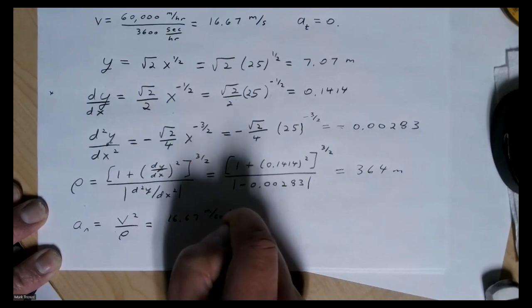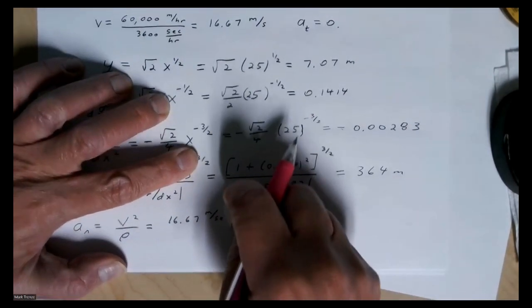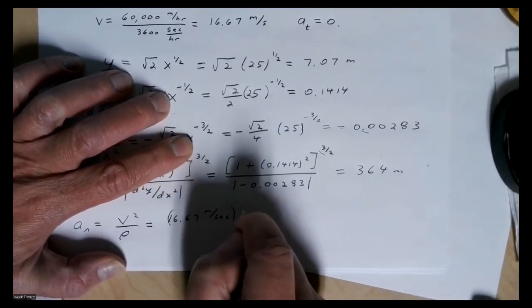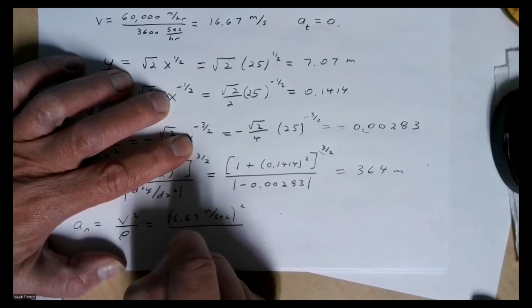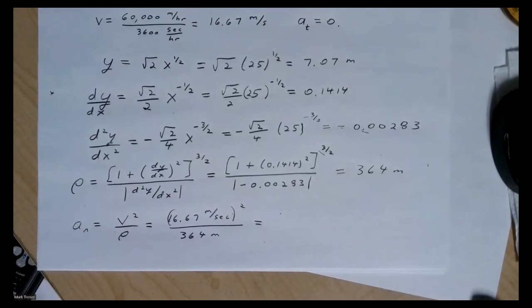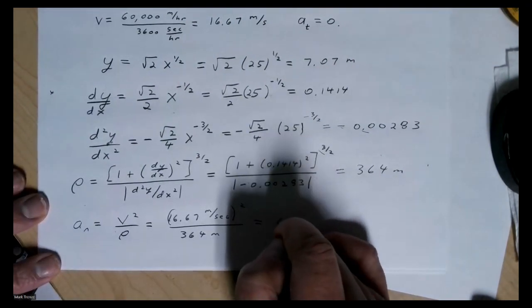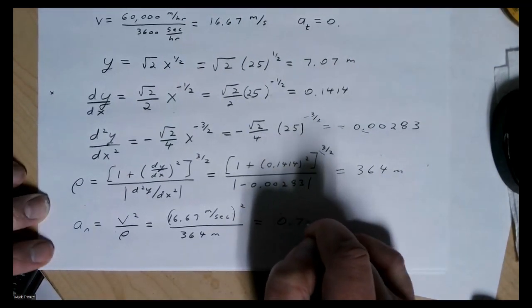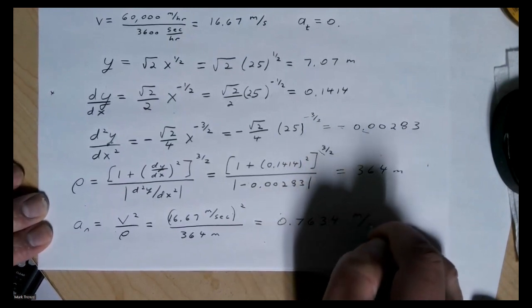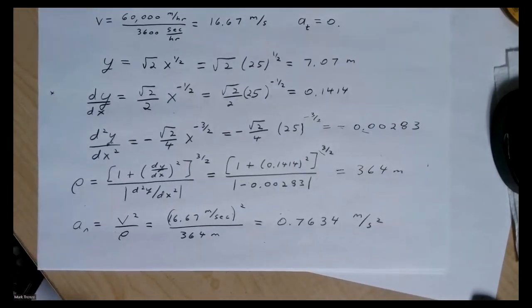And then we have to square those, divided by 364 meters. That gives 0.7634 meters per second squared. That's our normal acceleration.